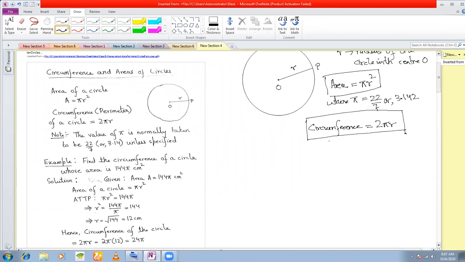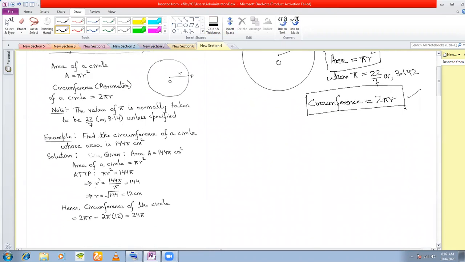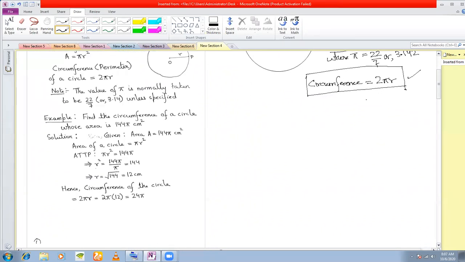Suppose area is given to you and you want to find out the circumference. So from the area, you find out the radius and use that radius in this formula to find out the circumference. That is how circumference is calculated from area. The first example deals exactly with this problem.